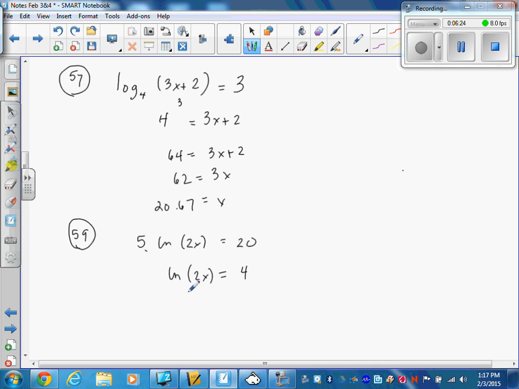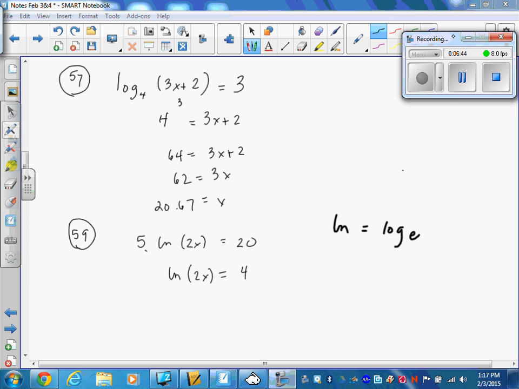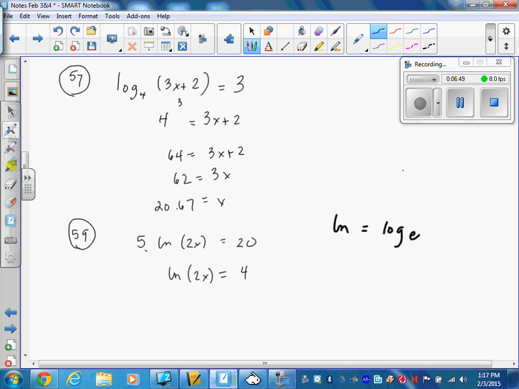Since log is equal to log base e, I can figure this one out by using e.